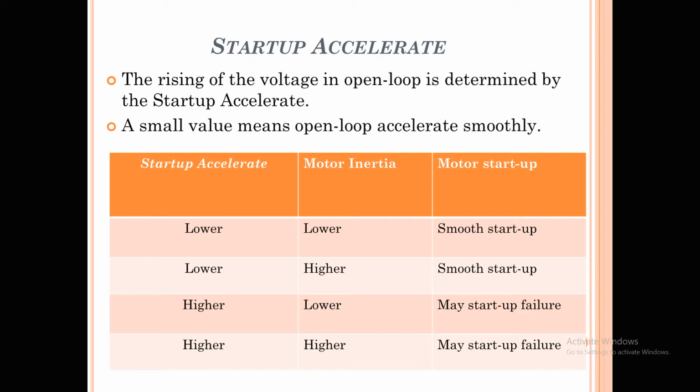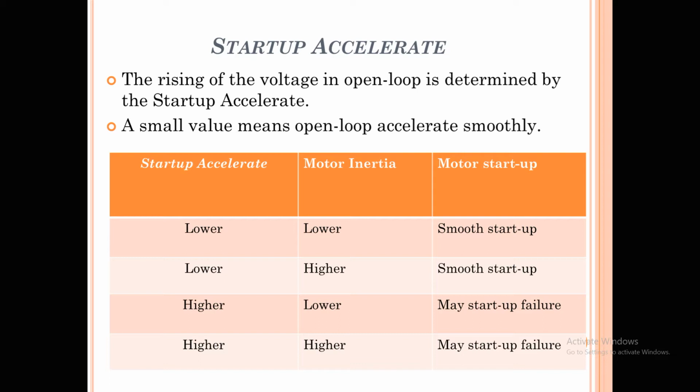If you have selected a lesser startup acceleration, your motor will start slowly. If you are selecting a higher startup acceleration, your motor will start fast. This also affects your startup. If the acceleration value is lesser and the motor inertia is also lesser, a smooth startup is going to happen.